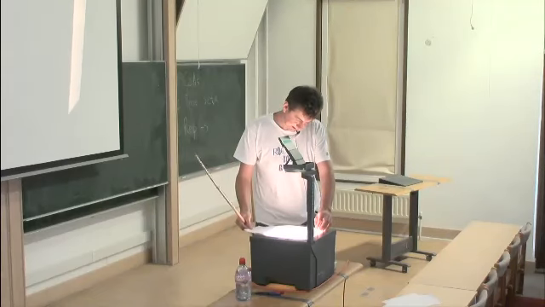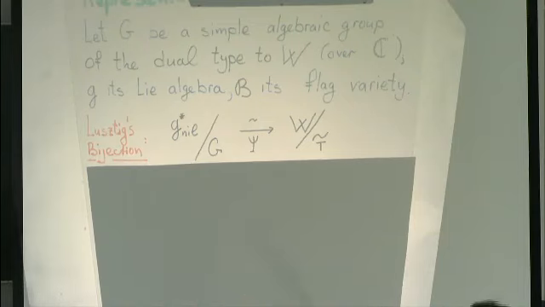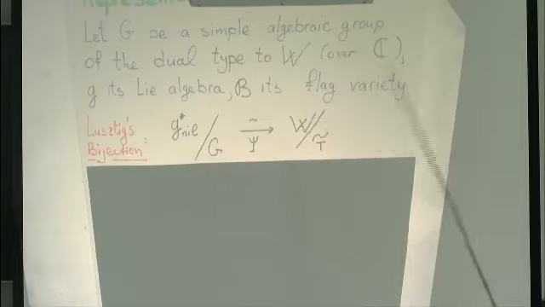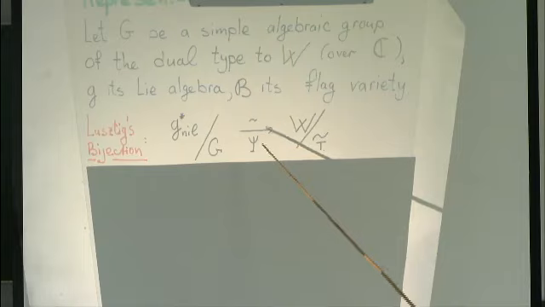Then there is this thing called Lusztig's bijection. This tells me that there is a bijection between nilpotent orbits in G and double cells in W. This bijection was discovered by Lusztig using parameterization of representations of the Hecke algebra.